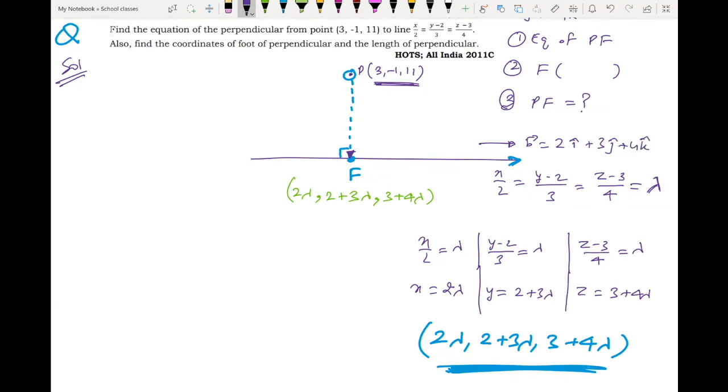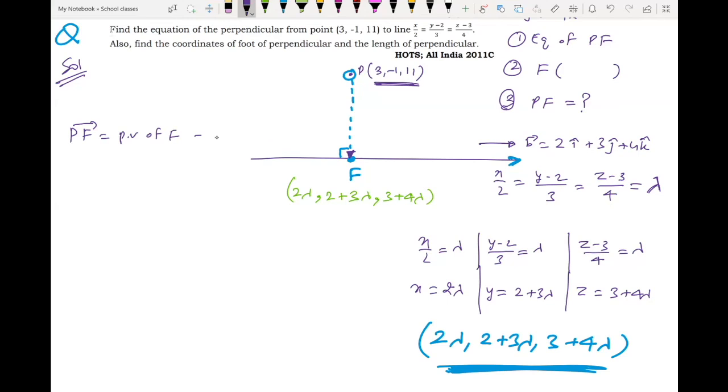So find the PF vector first. PF vector will be nothing but F minus P. Whenever we have to find the PF vector, we write the position vector of F minus the position vector of P. It is always final minus initial.